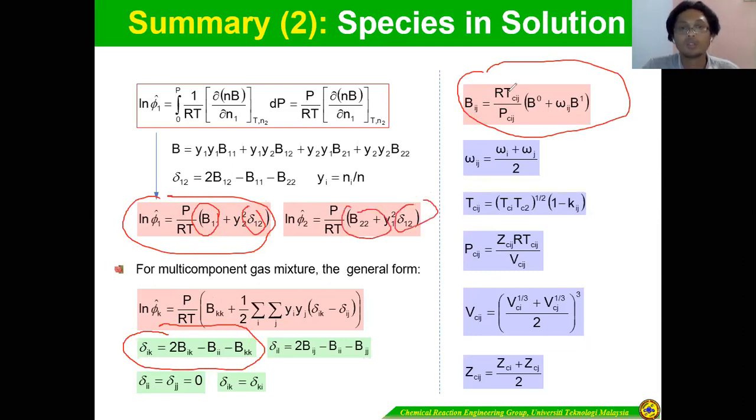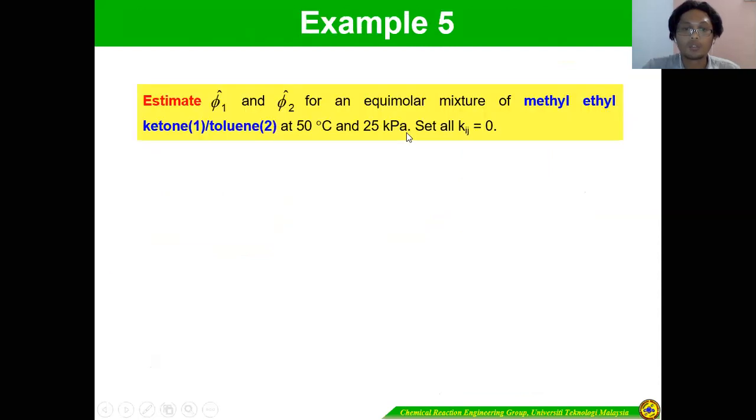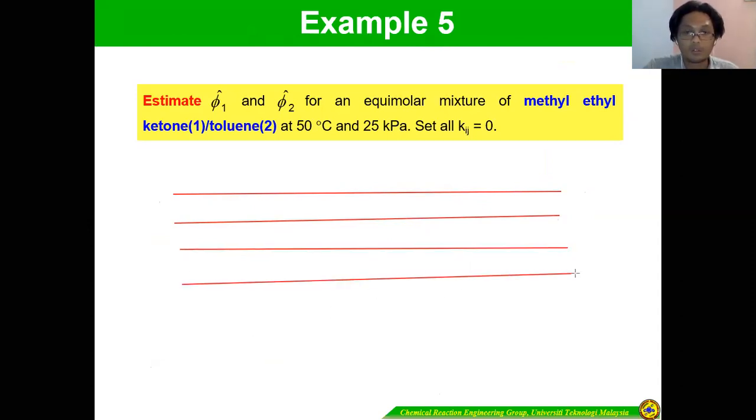That's why we have to use the Virial equation. So similarly, you have to construct the table, with 11, 22, 12, and then ij, similarly omega.